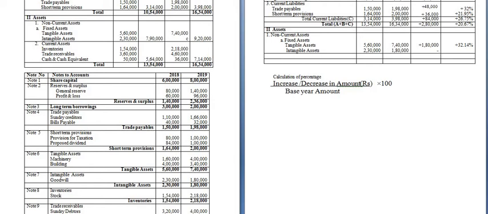How much is it decreased? 2,30,000 minus 1,80,000, 50,000. Decreased by 50,000. So find out the percentage. 50,000 divided by 2,30,000 into 100. So right here minus 21.73 percentage.